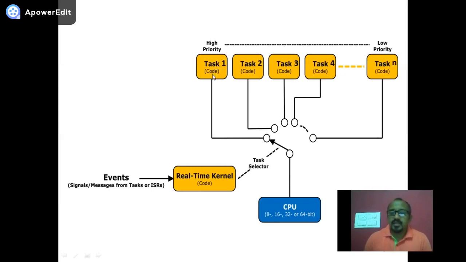How can you feel that? Suppose task 1 has code of 20 seconds, task 2 has 30 seconds, and task 3 has 60 seconds, and the time allotted to each at a time is 10 seconds.